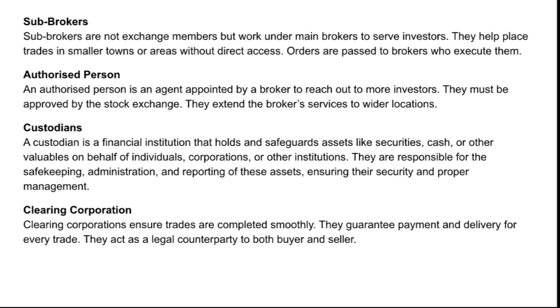Okay. Similar is the role of an authorized person. An authorized person is an agent who is appointed by a broker to take on more investors. They must be approved by the stock exchanges, and they extend the broker services to wider locations. So there can be authorized persons who might go and ask the investors to invest in these stocks.